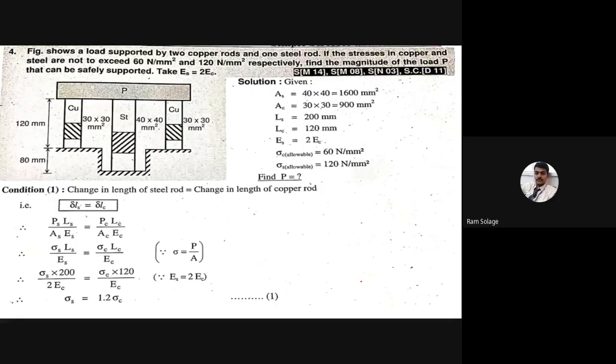If the stresses in copper and steel rod are not exceeding 60 Newton per mm square and 120 Newton per mm square respectively, find out the magnitude of load P that can be safely supported. Take ES is equal to 2 into EC.